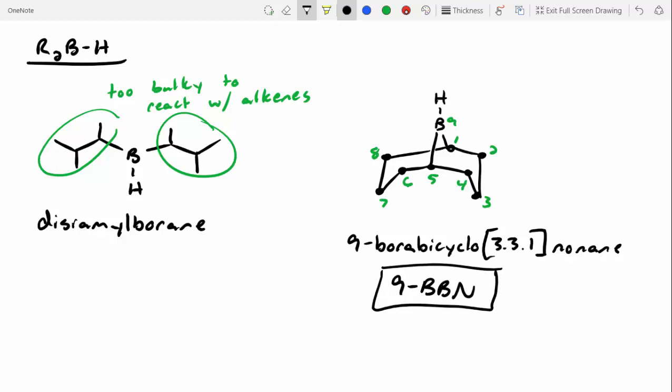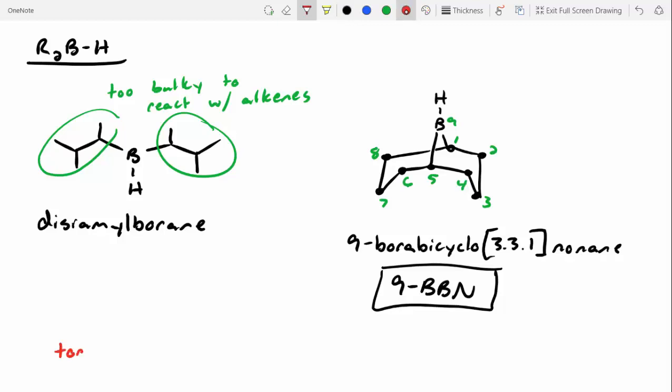Yep. Why does the bulkiness allow it to react with alkynes but not alkenes? Alkynes are inherently more reactive than alkenes because they've got such a huge amount of p-lobes available. Once you get down to the alkene, these are too bulky to borylate your alkene. Yeah. So let's even make a note of that.